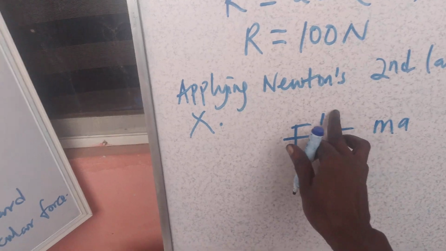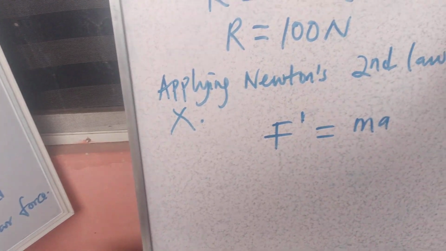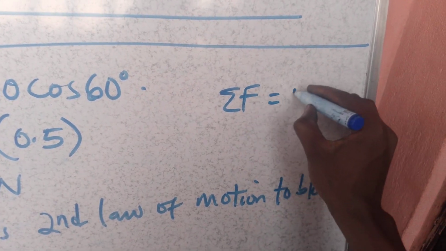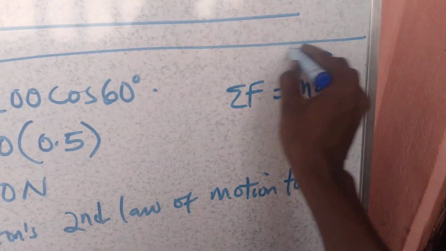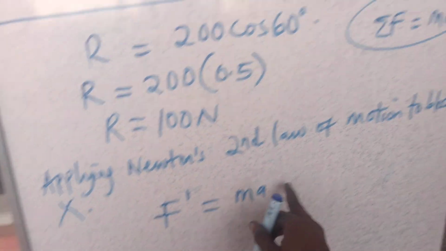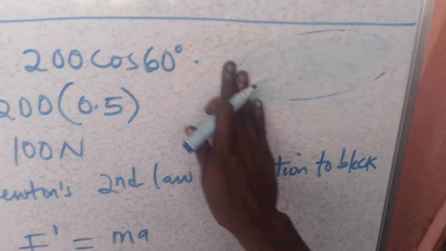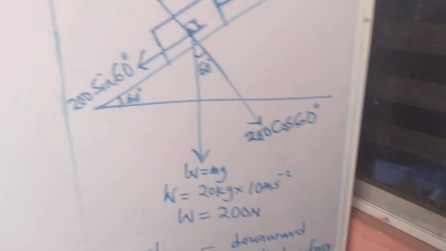This F prime here shows us the summation of forces, as in sigma F. You can say sigma F equals ma. That's what it means. Okay, so let's go back to that diagram.